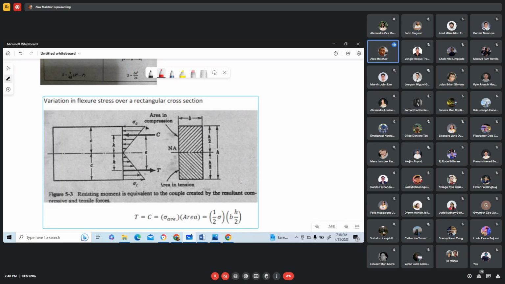varies linearly. Okay. This one here is the flexural stress above the neutral axis, in which this upper part is subjected to compression, because the fibers above the neutral axis are subjected to compression when the beam bends upward, when the beam is concave upward.